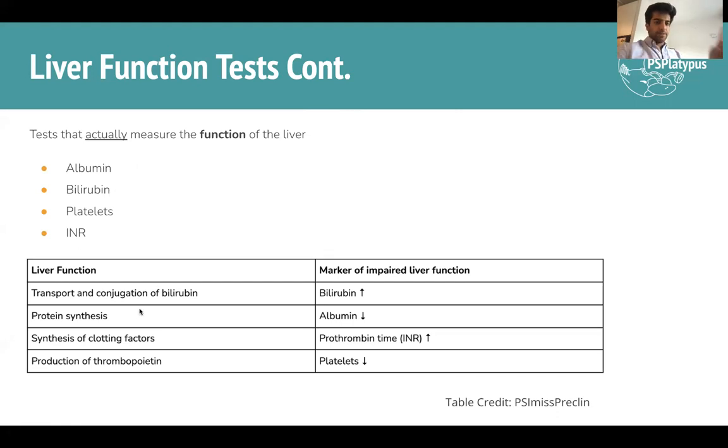Clotting factors are made in the liver, so if liver function is decreased, there are fewer clotting factors being released into the blood, and it takes more time to clot blood. So your INR is increased. All in all, there's a decrease in albumin, increase in bilirubin, decrease in platelets, and increase in INR. If you're ever stuck, you can think your way through it as to what function the liver plays with regards to all of these things.